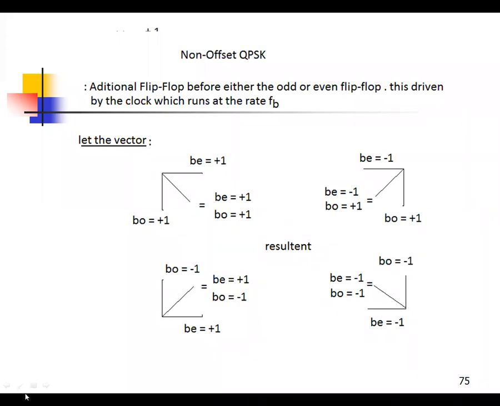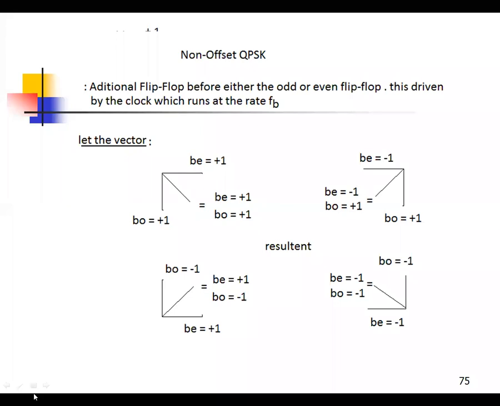Now non-offset QPSK. It uses the same block diagram as offset QPSK, with a small modification. Either in the odd D flip-flop or the even D flip-flop, you can add one more flip-flop between the T flip-flop and the D flip-flop, on either the even side or the odd side.